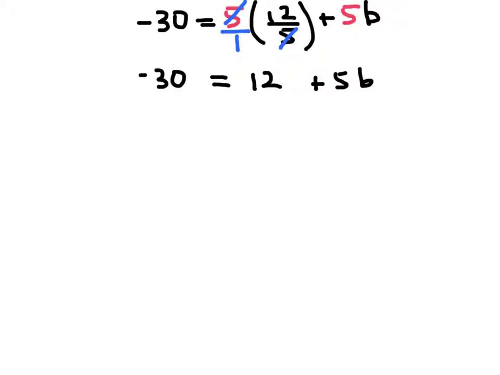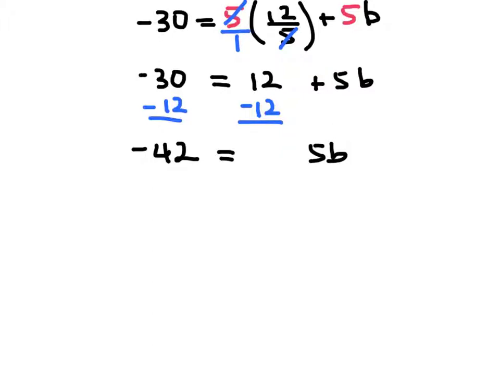If I want to solve for b, I need to isolate the b term first. That would involve subtracting 12 from both sides to give us 5b, and -30 minus 12 is equal to -42.